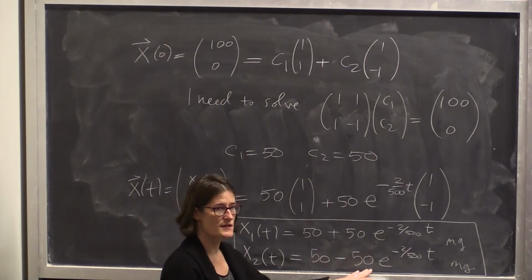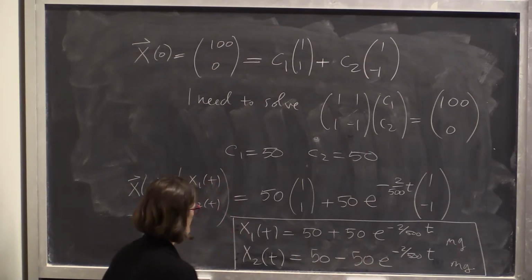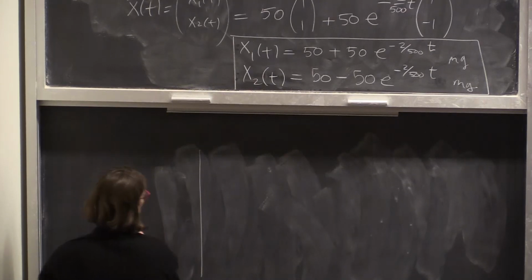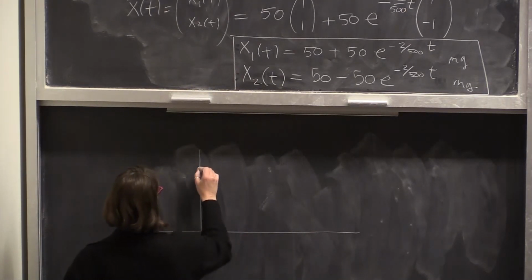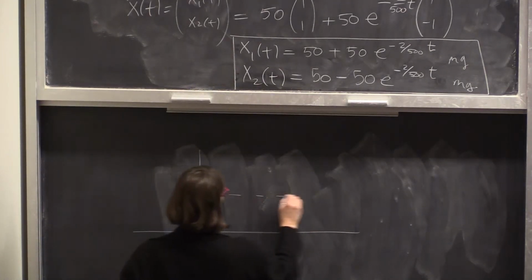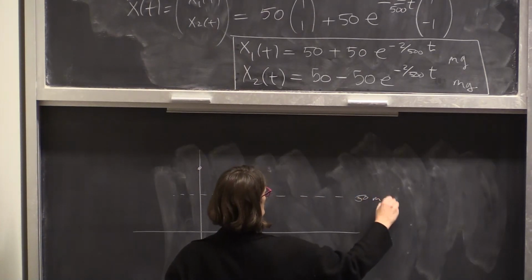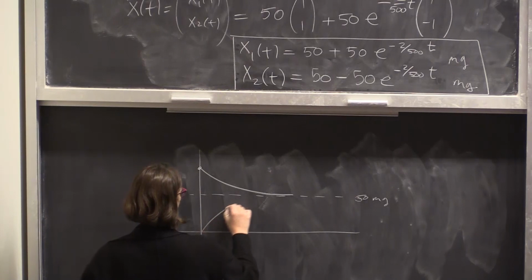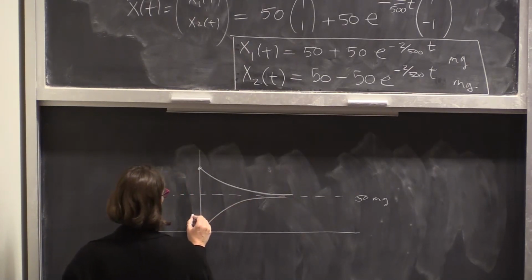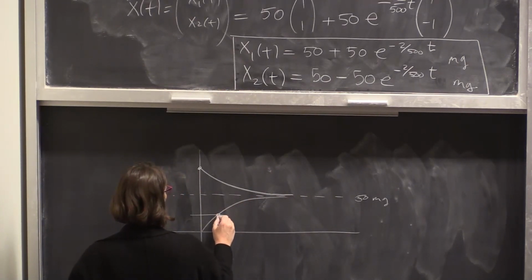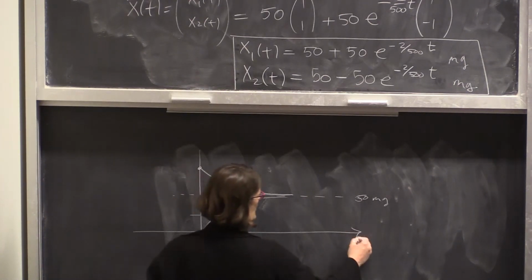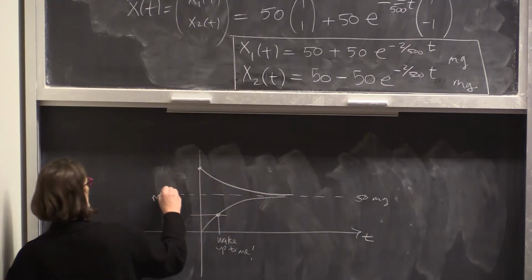This increases to 50 from 100. So we have 50 milligrams. There's the kitchen concentration. There's the lounge concentration. And here is wake-up time. So time, milligrams.